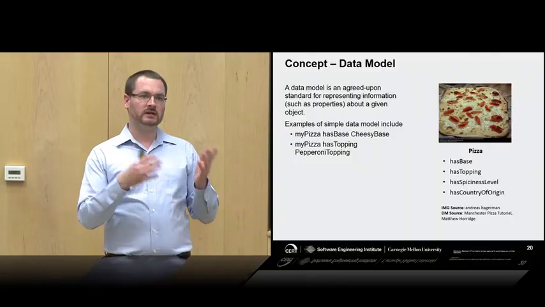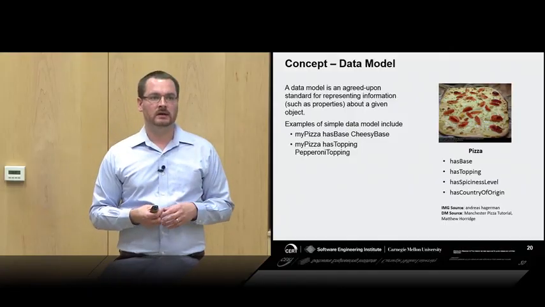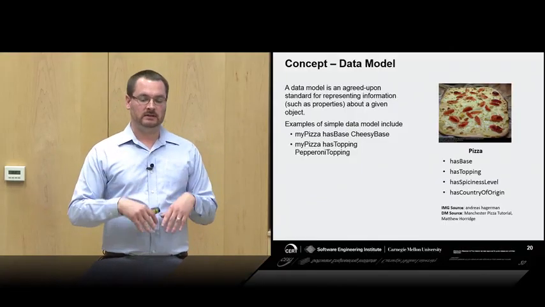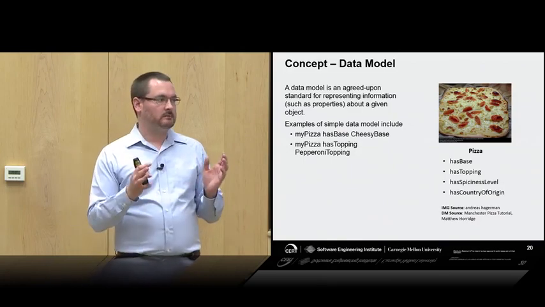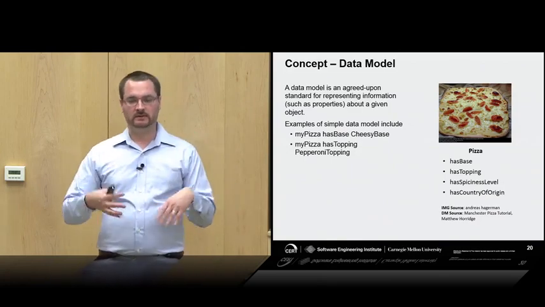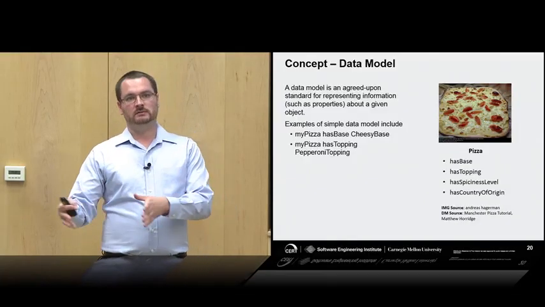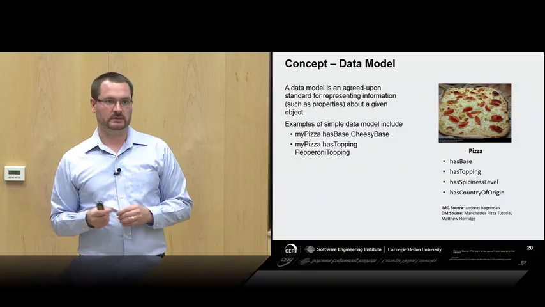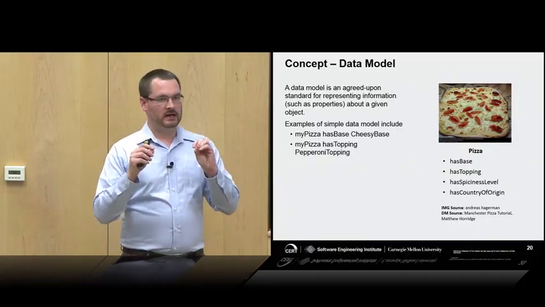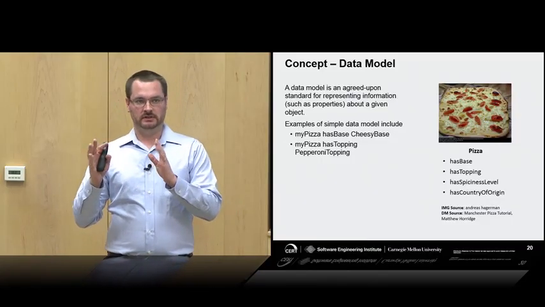How you might use that very simple data model of a pizza is to say, my pizza, right? So now I have an actual specific pizza, which I'm calling my pizza, and I'm saying my specific pizza has a base called cheesy base, which is another specific object. So my pizza has this property called cheesy base.